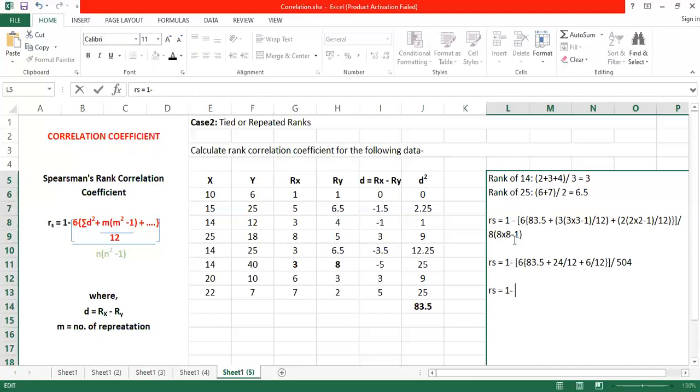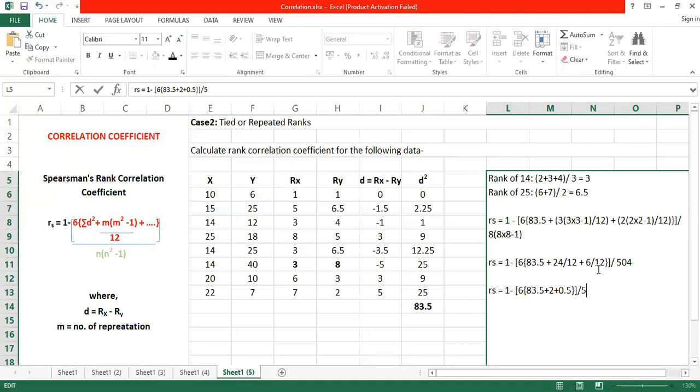Next, 1 minus. Now let us add this, right? So it is 6 in bracket 83.5 plus 24 by 12 is 2 plus 6 by 12 is 0.5, and the whole divided by 504.